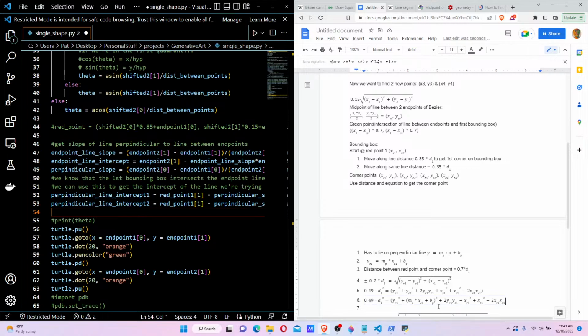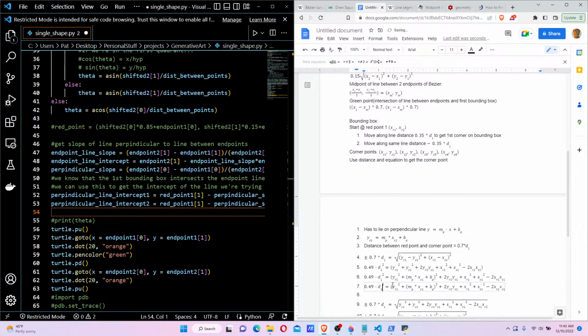So now taking this and then grouping terms. Okay, so let's group it together. Actually separate. Oh my gosh, this is going to be an ugly term. I'm going to do this by paper real quick.